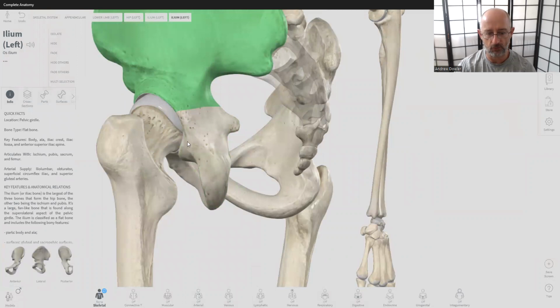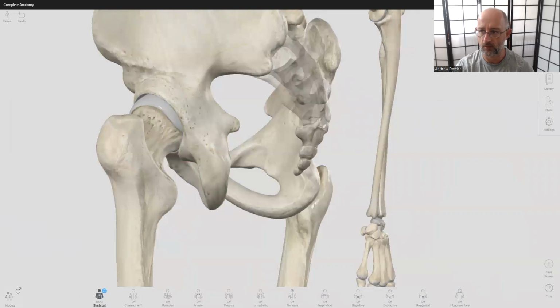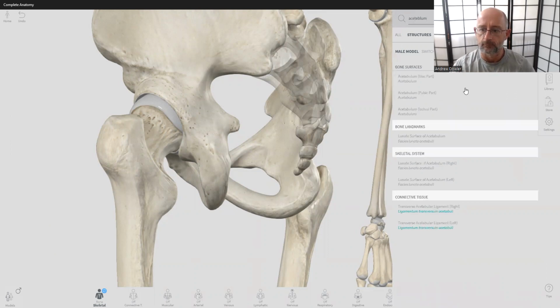When they're connected, the pelvis creates the acetabulum. So if I just type in acetabulum, see if we can get a nice image of that for you guys. Acetabulum, iliac part.